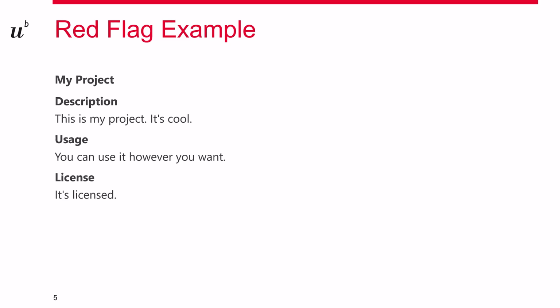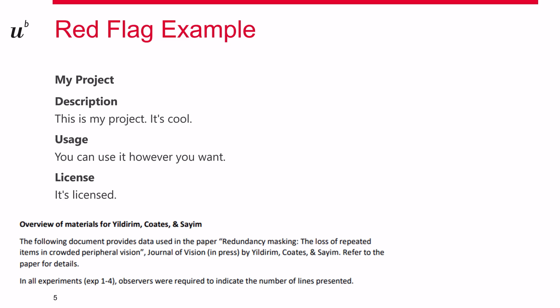Then the next example would be from the real world. Here it says, oh, this is an overview of the material, and the following document provides data used in this paper. And by the way, in all experiments, observers were required to indicate the number of lines presented. That's the whole README. I just took a screenshot of that.